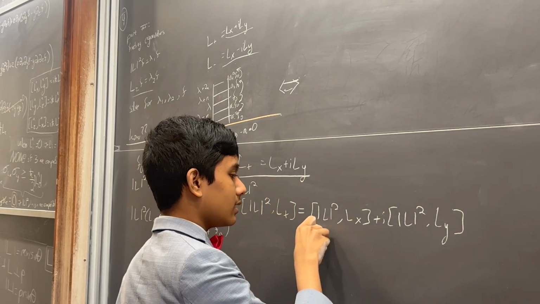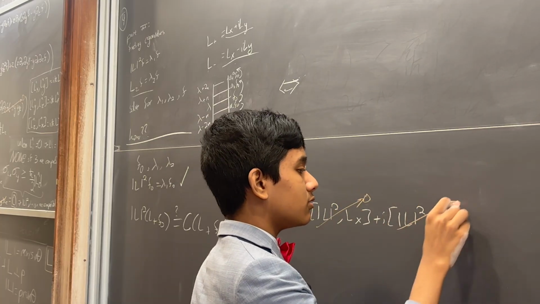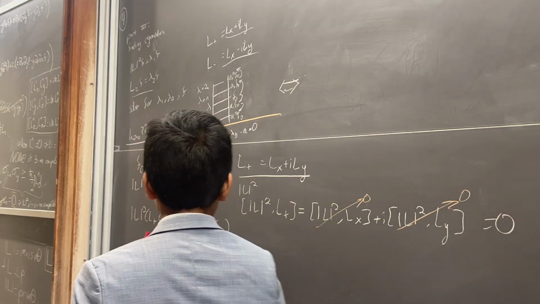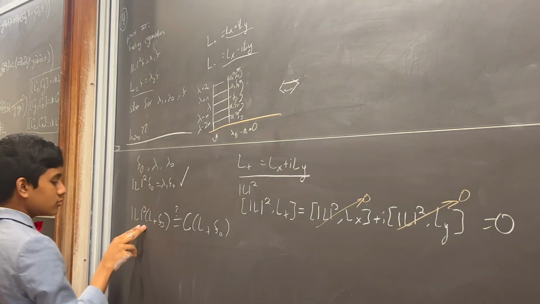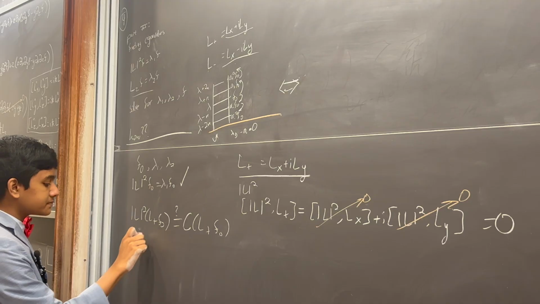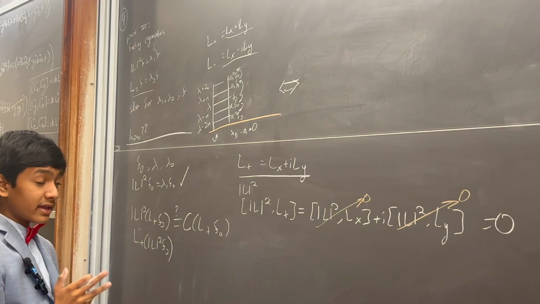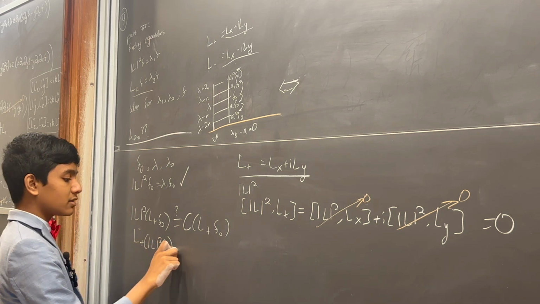This goes to 0. That also goes to 0. Everybody's happy. Which means that these two are perfectly fine to be switched. And an operator always commutes with a scalar.